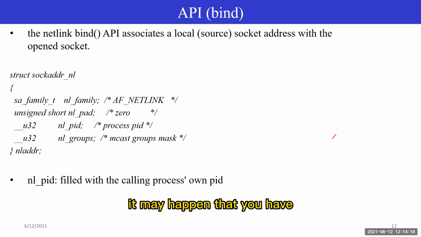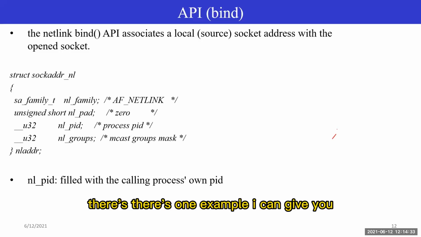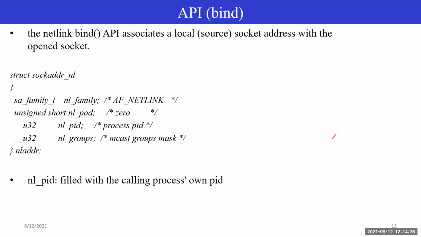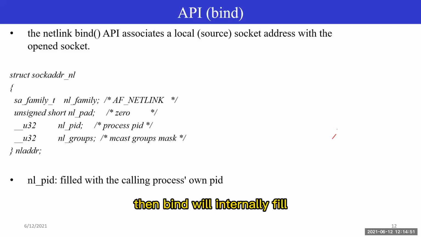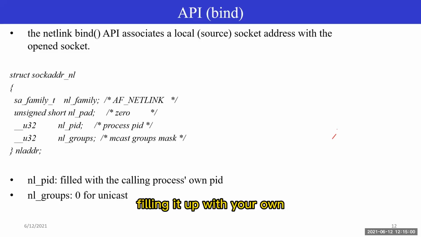Again, it may happen that you have multiple netlinks from a single process, which has, say, multiple threads. Then, one example I can give you: you can shift the PID by 16 bits and then assign it along with that. That will make the NL PID field unique. If you do not fill this, then bind will internally fill its own value. But I will recommend filling it up with your own PID.